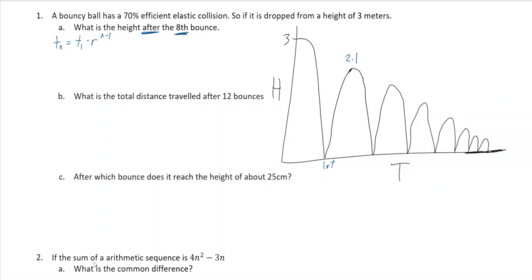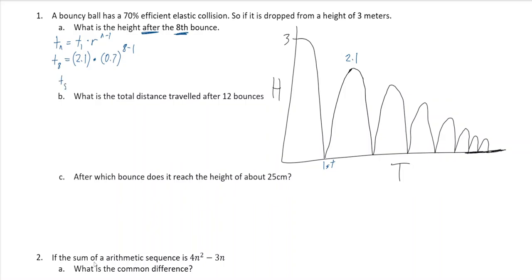This is the height after the 8th bounce, so we take the height after the first bounce. So 2.1 is T1 times r, which is the rate, 0.7, and then n minus 1, so 8 minus 1.